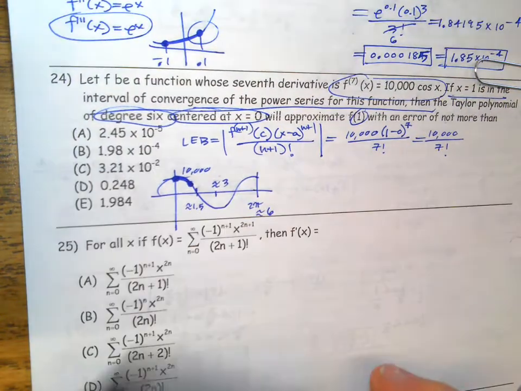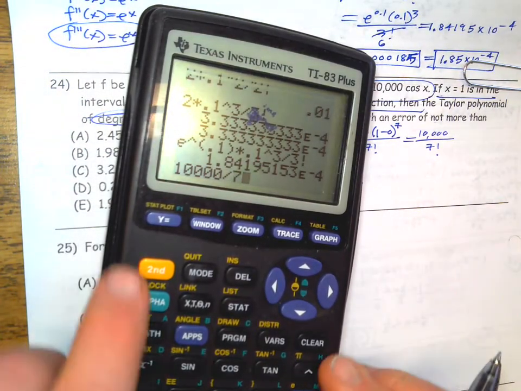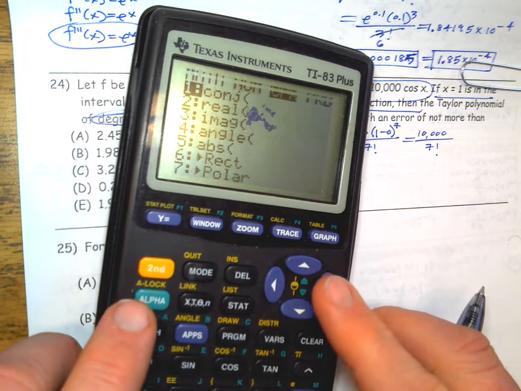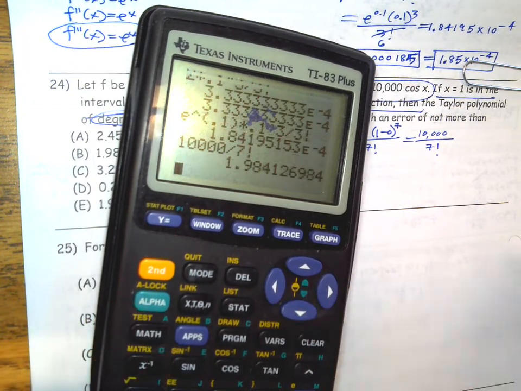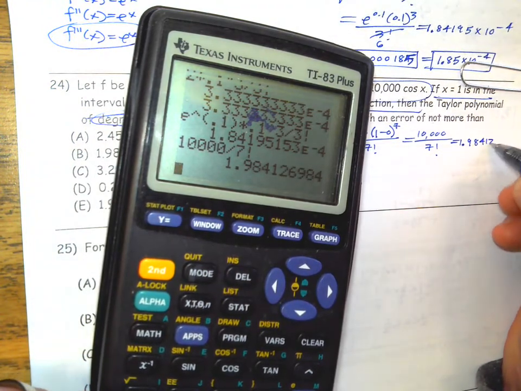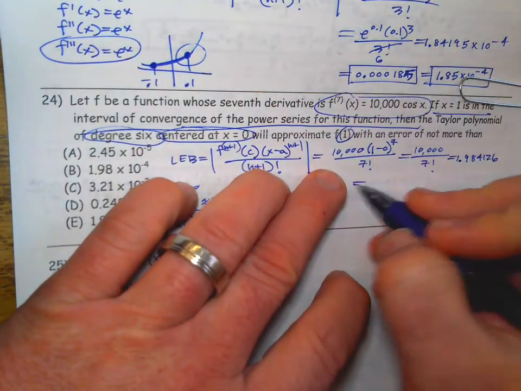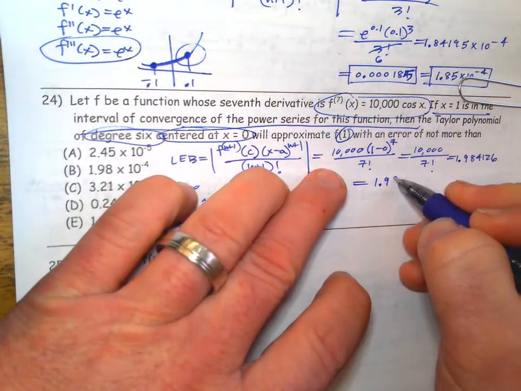My calculator. We get 1.984126. So let's say I asked you for 3 significant digits. You would tell me 1.99.